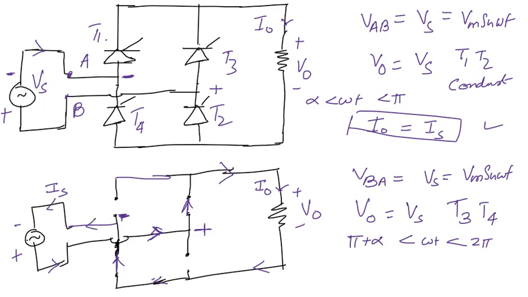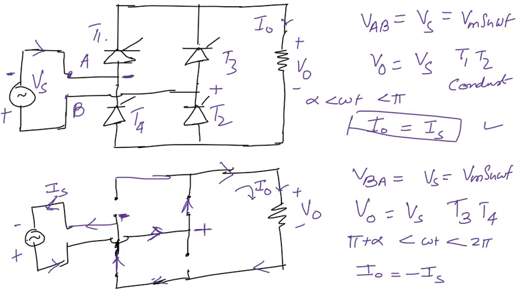So your supply current has changed direction because of the polarity of the supply, but your load current is still in the same direction. So I can say I naught is minus Is.